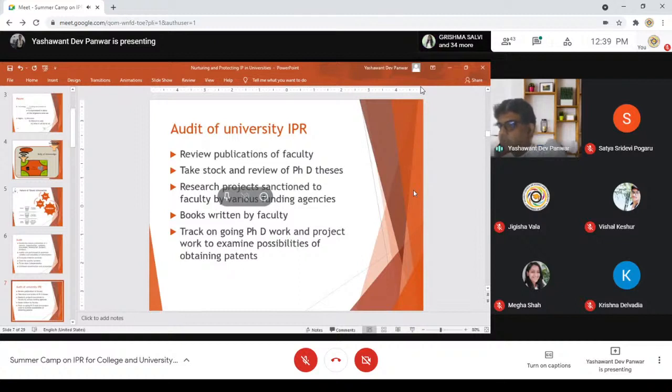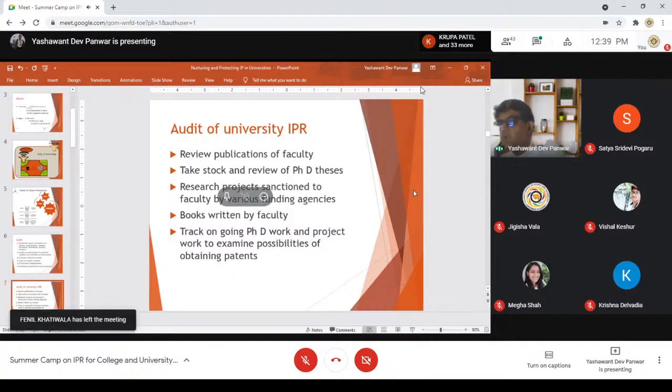If you have too many restrictions and do not give adequate freedom to faculty and students in owning intellectual property rights, creation may be hampered. So there has to be a balanced approach in the policy. That really is an essential part of it. And not only PhD theses, ongoing PhD work and project work are also to be examined for the possibility of obtaining patents and so on.